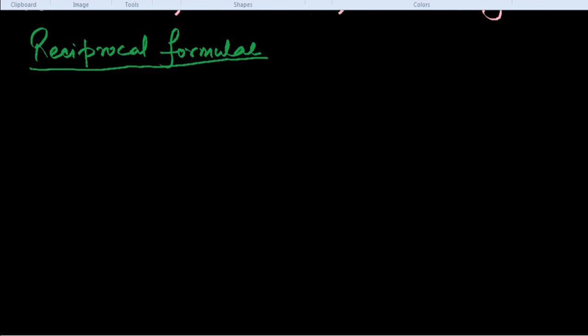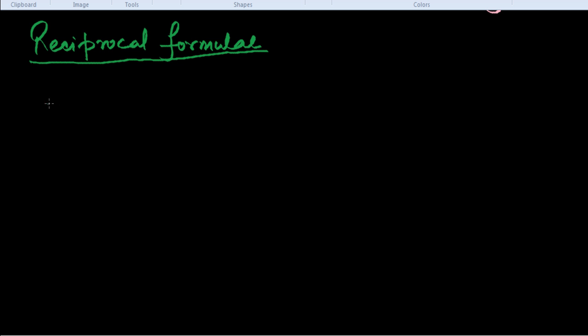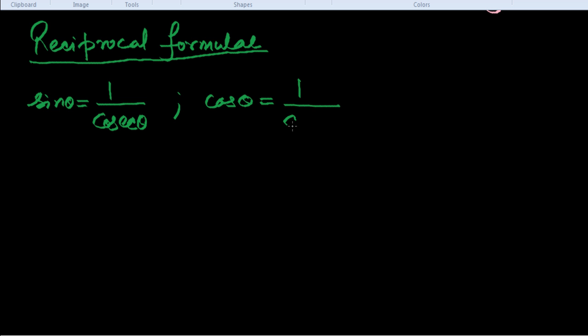So we could write this formula in this way. Sin theta is equal to 1 over cosec theta. Cos theta is equal to 1 over sec theta. Tan theta is equal to 1 over cot theta.